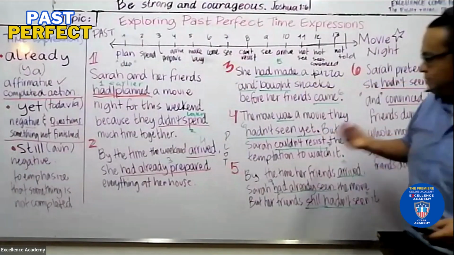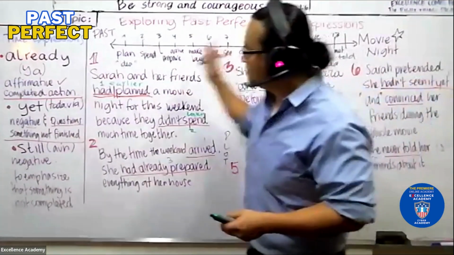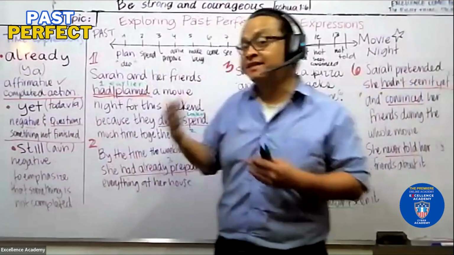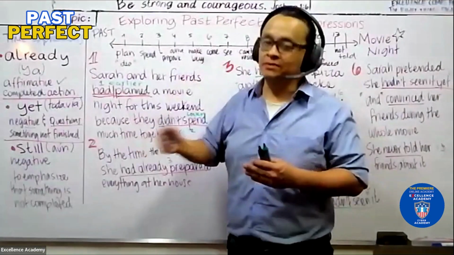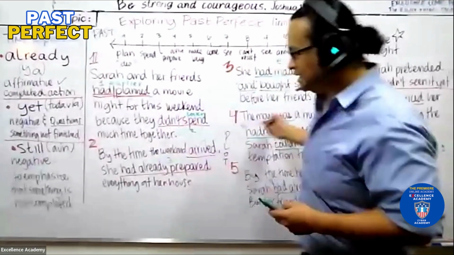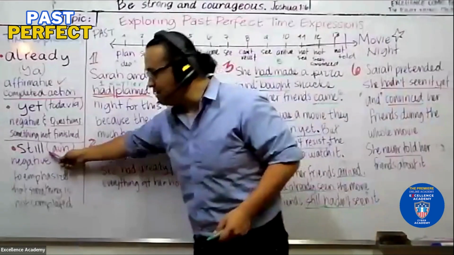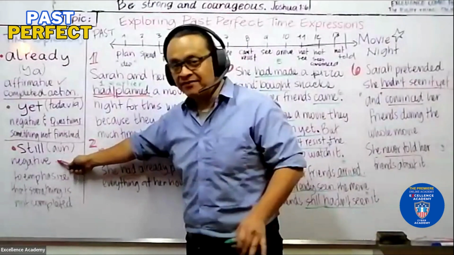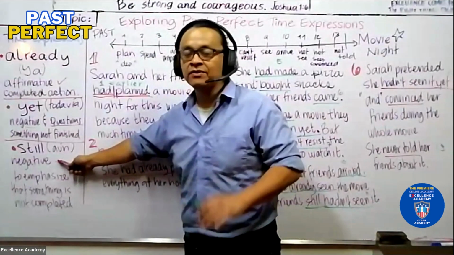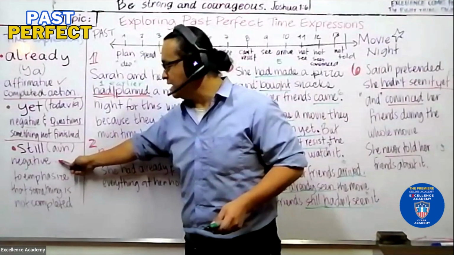So none of her friends had seen it yet. So it was something that they've never completed, never done before, right? So that's how we use yet. Now with still, which means aún, we only use still with a negative, not in questions, not in the affirmative, only with negative statements.